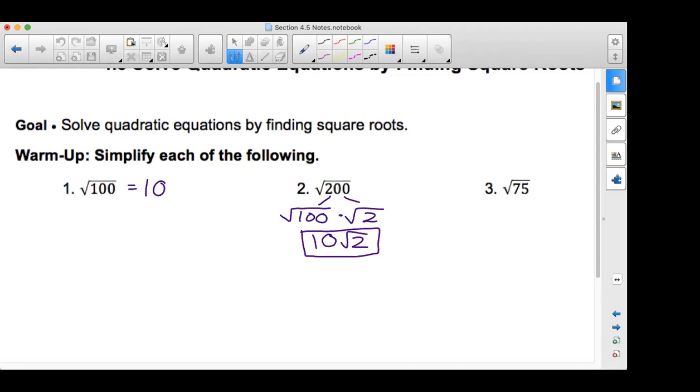I did 25 and 3. Yeah. Then what can we do? Get 5. Yep. We can't do anything with that root 3. So root 75 simplifies to 5 root 3. Good.